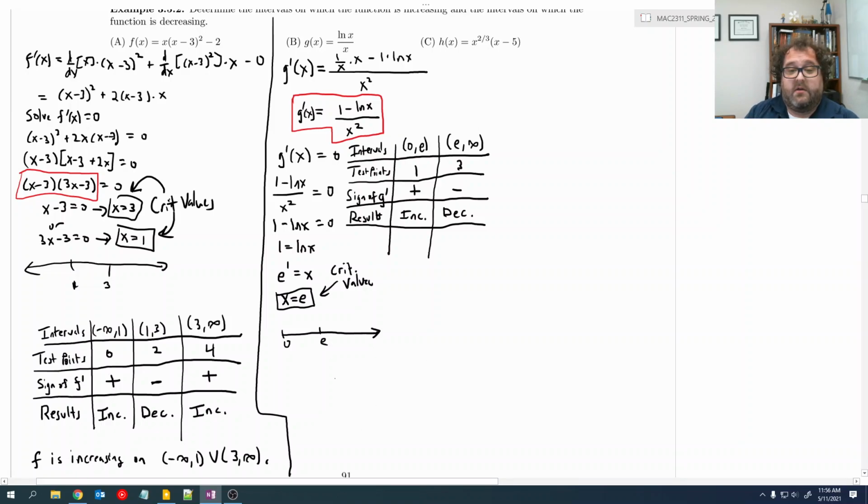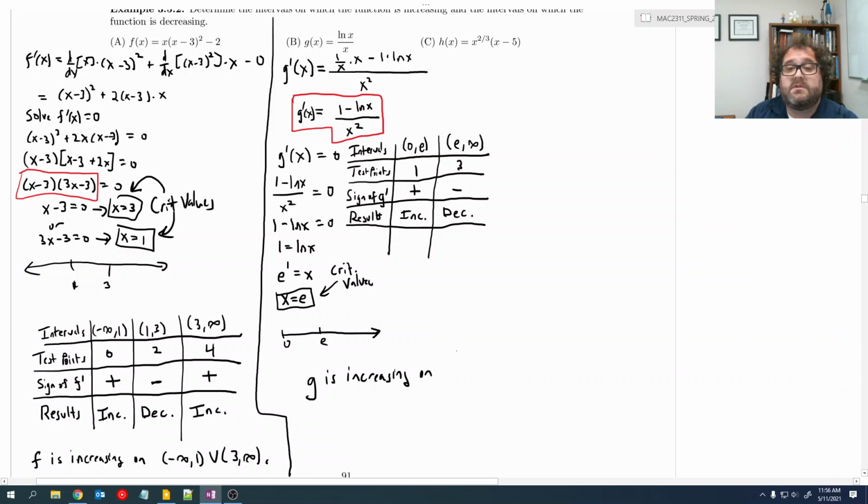Okay, so now we can write our conclusions somewhere over here. Actually, let me do this. I'm going to save some room and go down a little further. We can say that g is increasing on, well, where is the derivative positive?